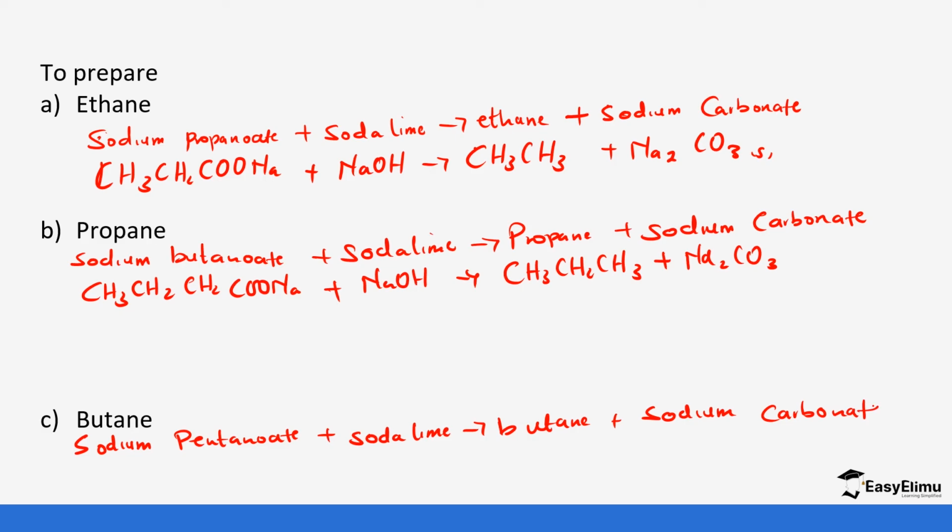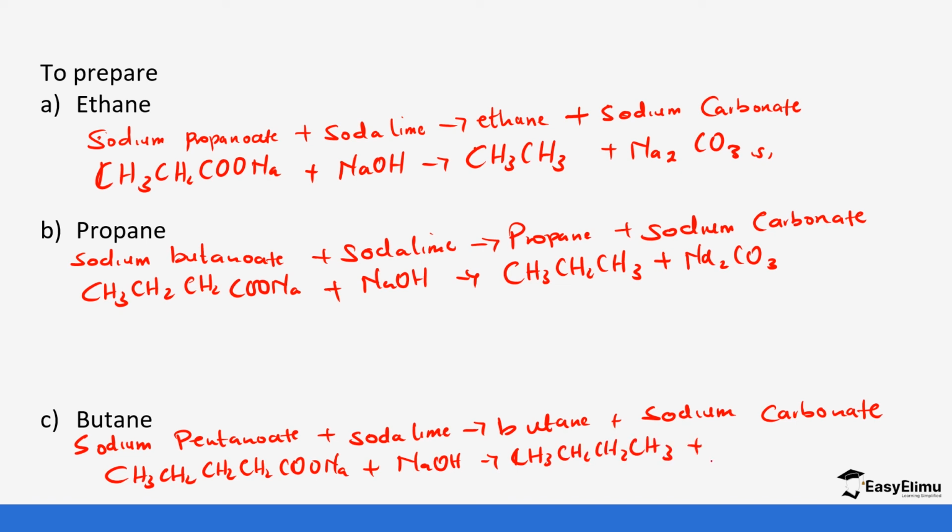So when you write that equation, it's going to be CH3, CH2, CH2, CH2, then plus soda lime, which is sodium hydroxide, to form butane and sodium carbonate.